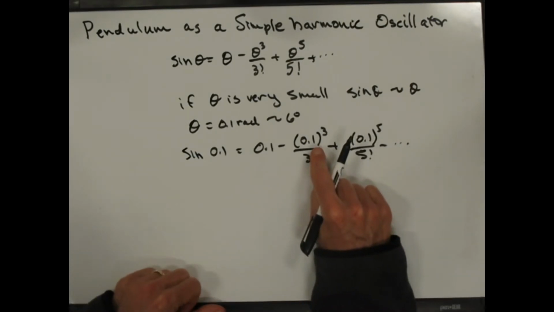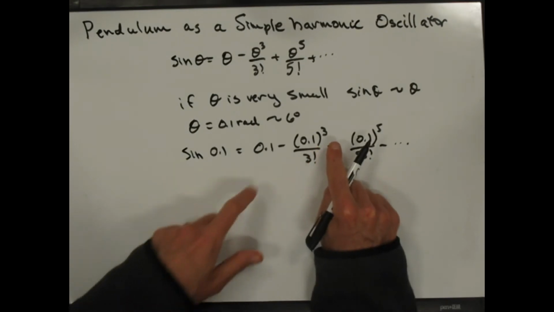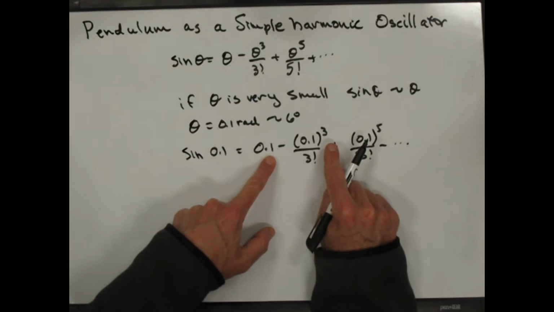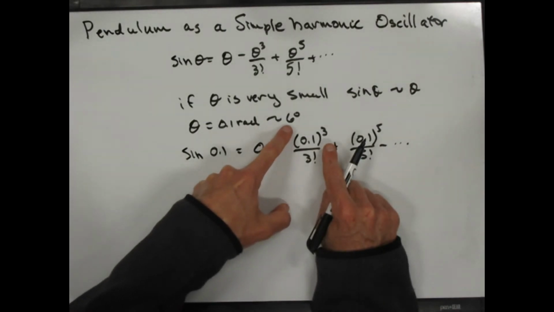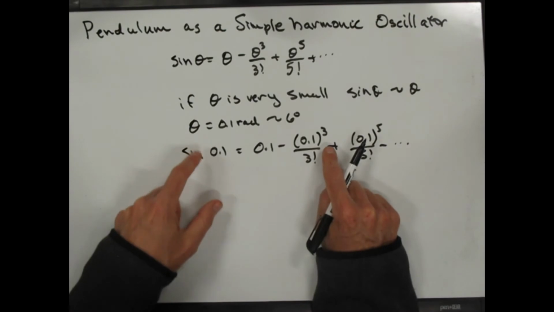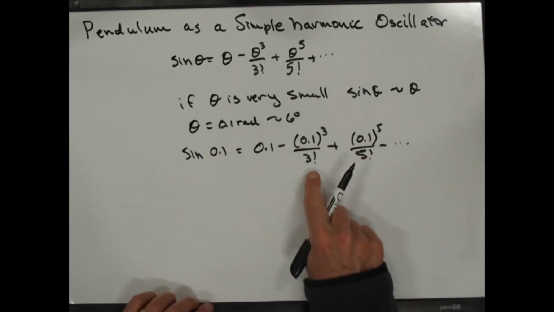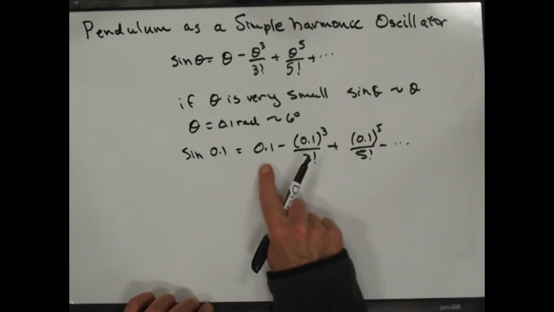Notice 0.1 cubed is 0.001, and dividing that by 6, which is what 3 factorial is, gives 0.00016, which is pretty negligibly small. It's well under 1% of that. And so at 6 degrees, I have an extremely accurate representation of sine theta by just using theta. Since most pendulums don't oscillate very far, even 20 degrees, this is a pretty good approximation just using theta.